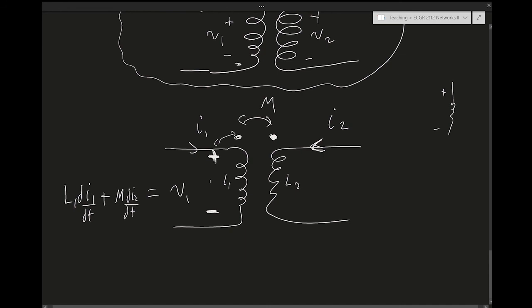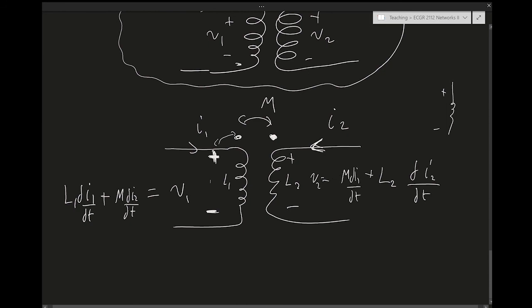Right, what about the secondary side? Well, right, so this is going to be L2, so this is V2. It's going to be L2 di2 by dt, again from the normal convention for a single element, right? V2 is that way. And then there's the dependency on I1. So there is M di1 by dt. Is this positive or negative?